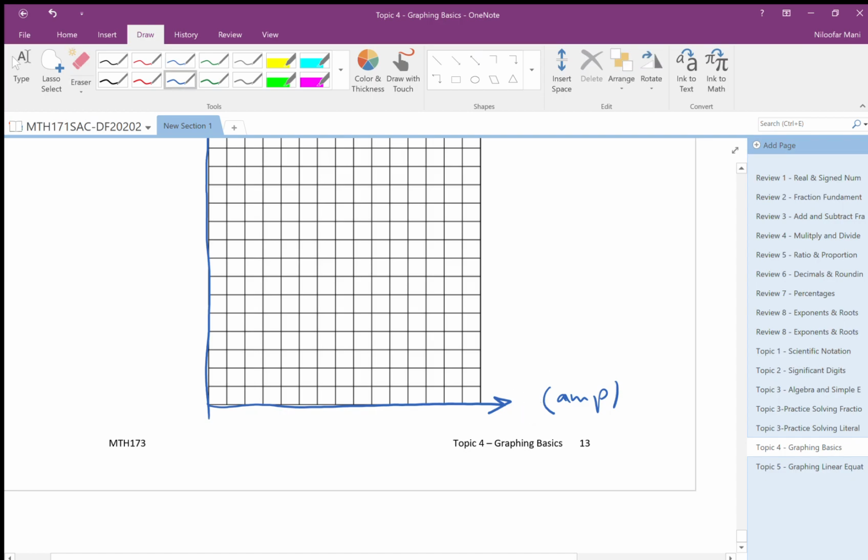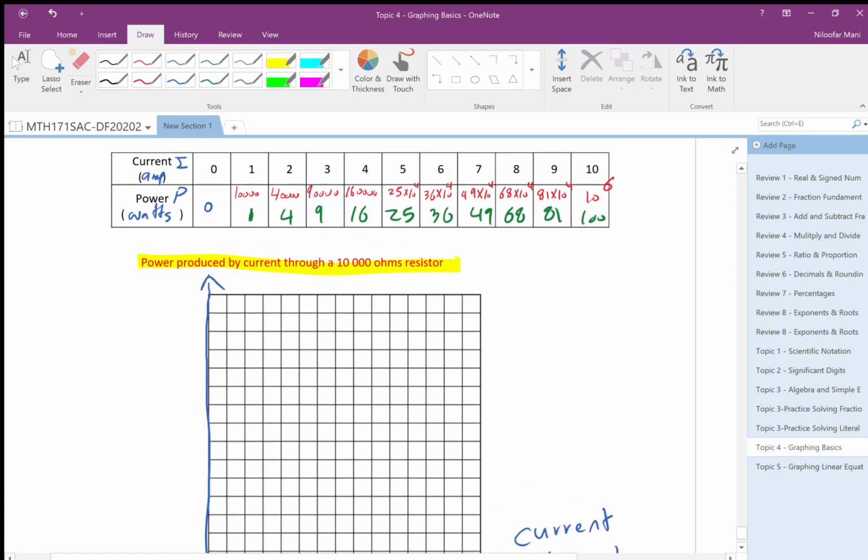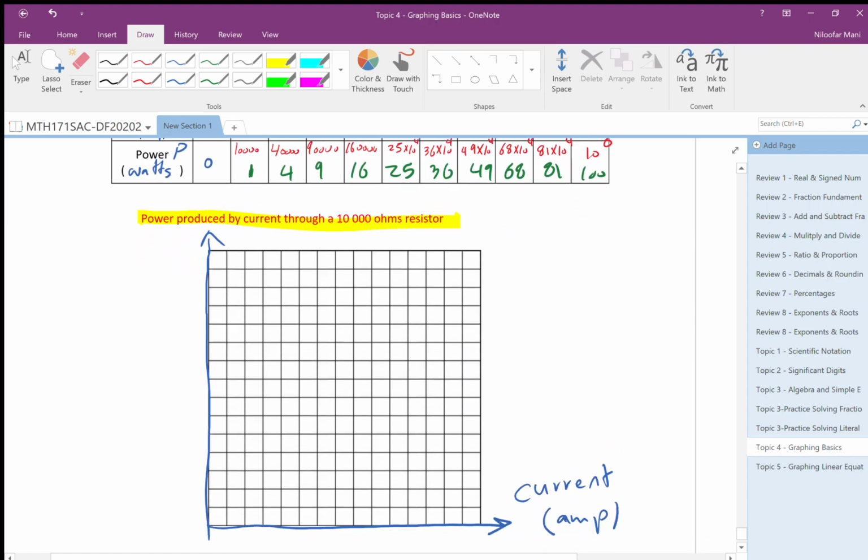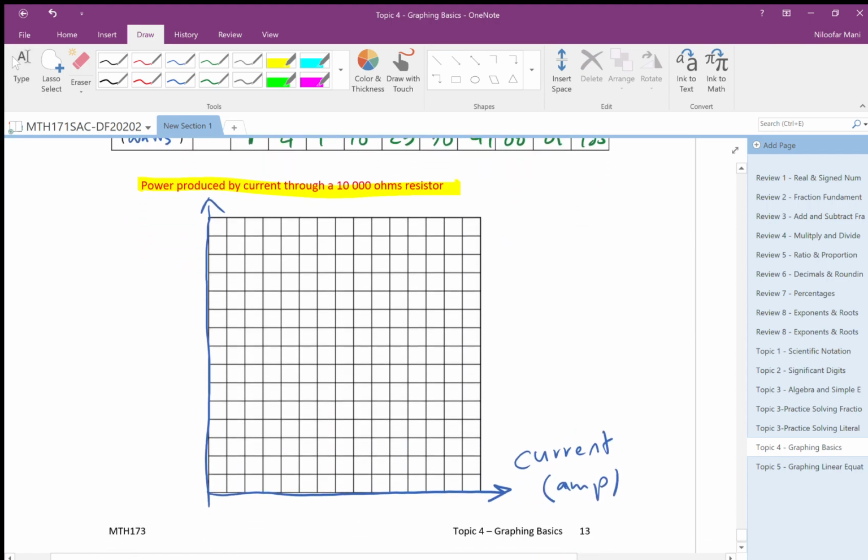Maybe I say current because you would ask, what is I? So current. The next one, I have to write power, and that's watts. But the most important part is I need to add a comma and multiply by 10 power 4. That's very important.